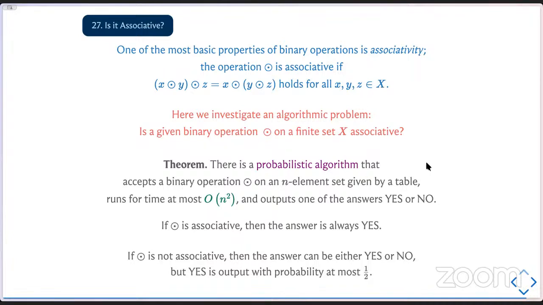Therefore, if the algorithm reports no, you can be absolutely sure that it is correct. But if it reports yes, it could be a false positive. That's going to happen not too often, is the hope. So that's the goal.